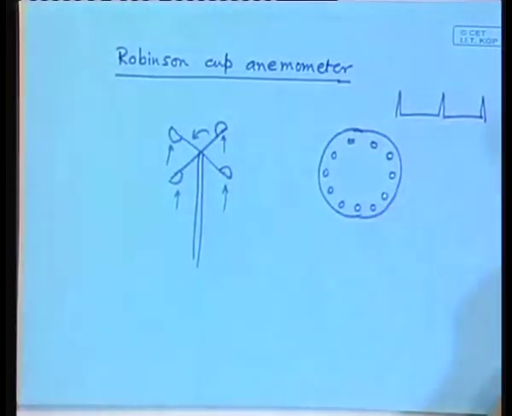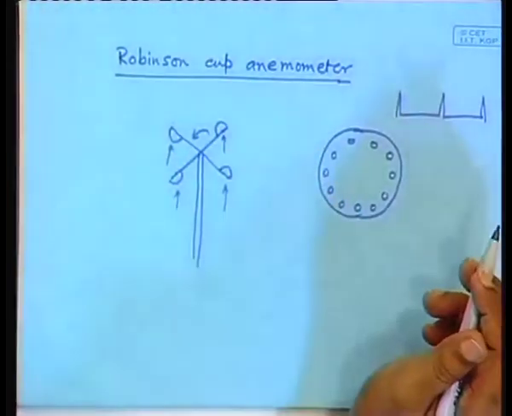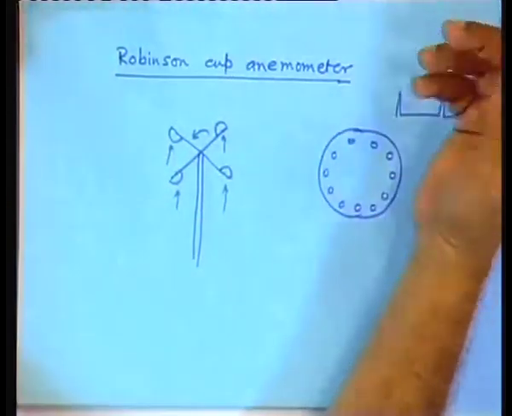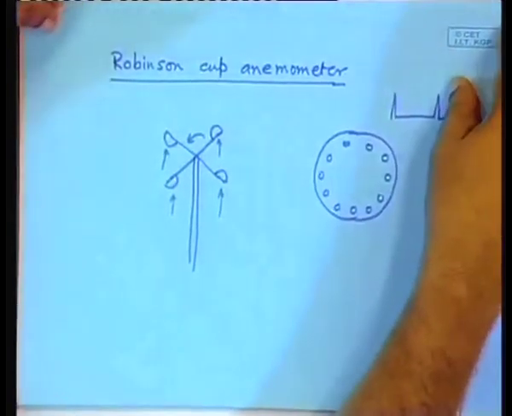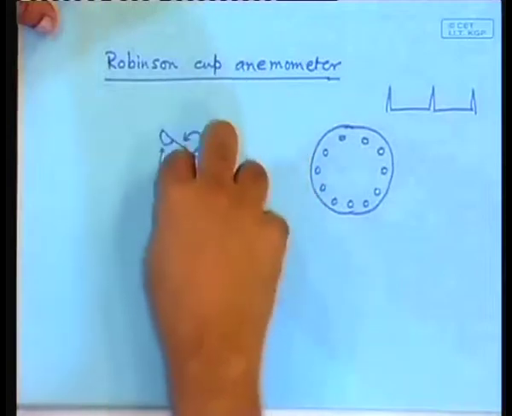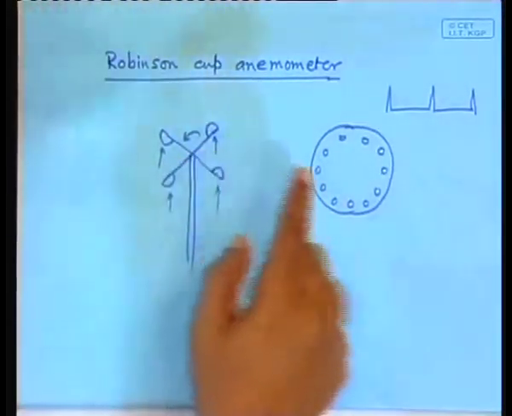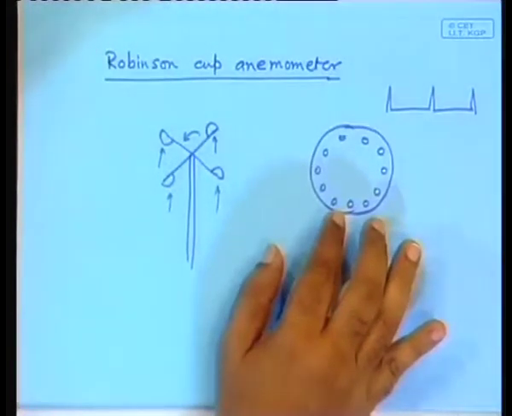That will be proportional to the frequency of the wind. So, the Robinson cup anemometer is essentially a measuring instrument that relies on the thrust force produced by the wind, so that it rotates, and that rotation is ultimately measured.